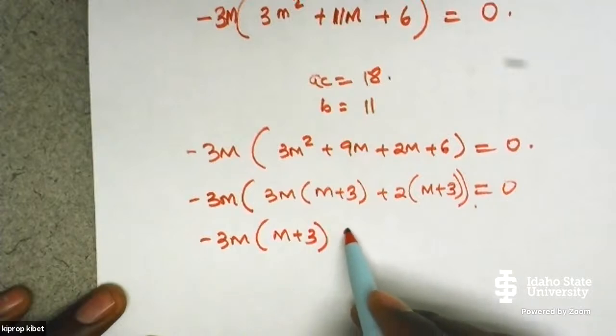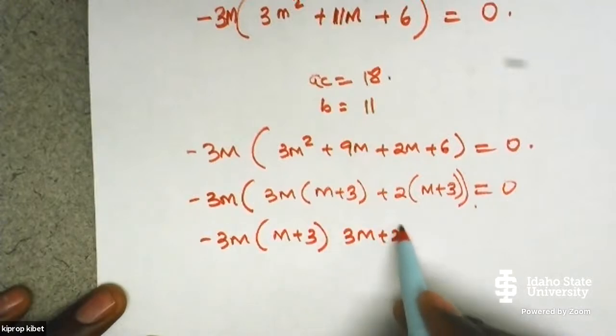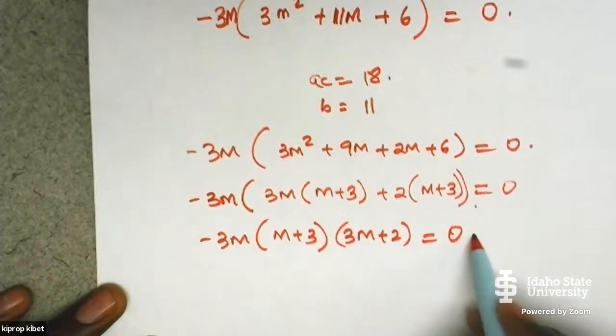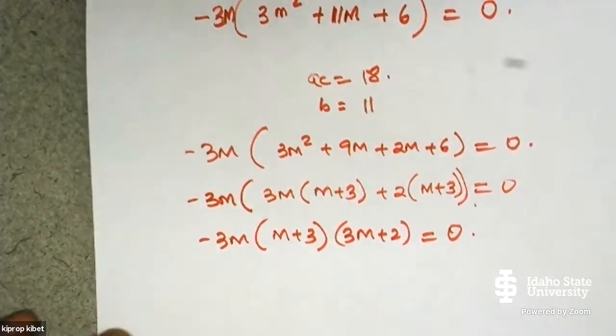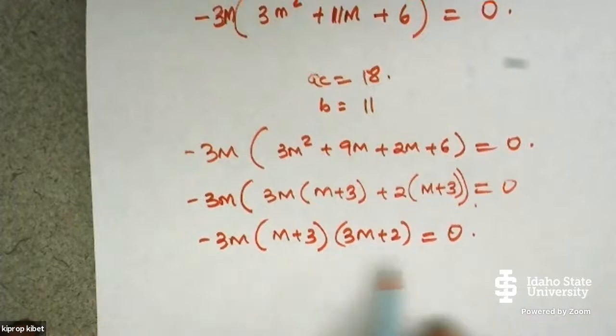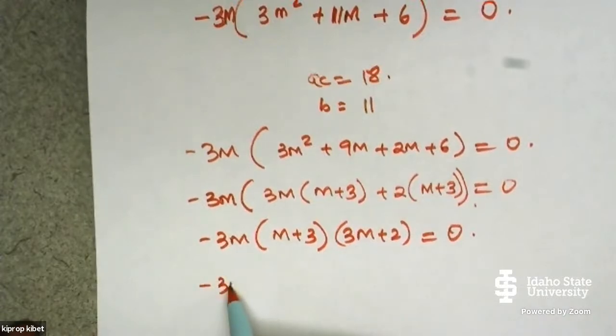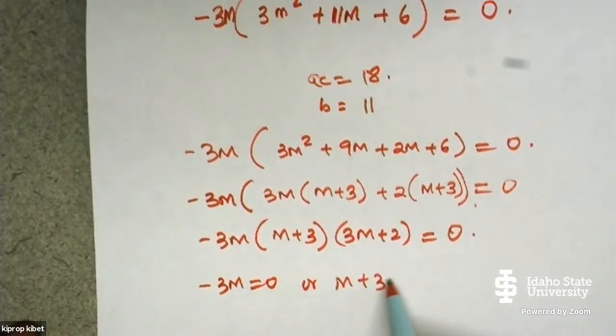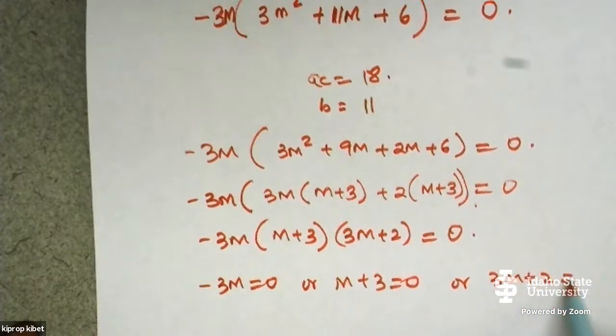What remains is 3m + 2, and all these equal 0. So using the zero product property, we have -3m equals 0, or m + 3 equals 0, or 3m + 2 equals 0.